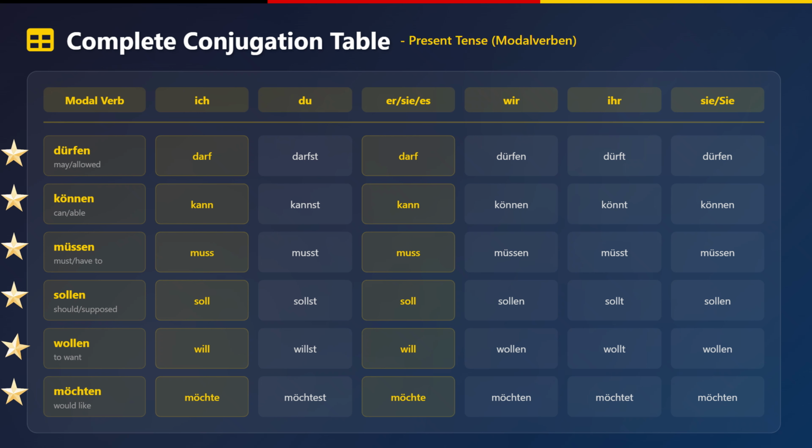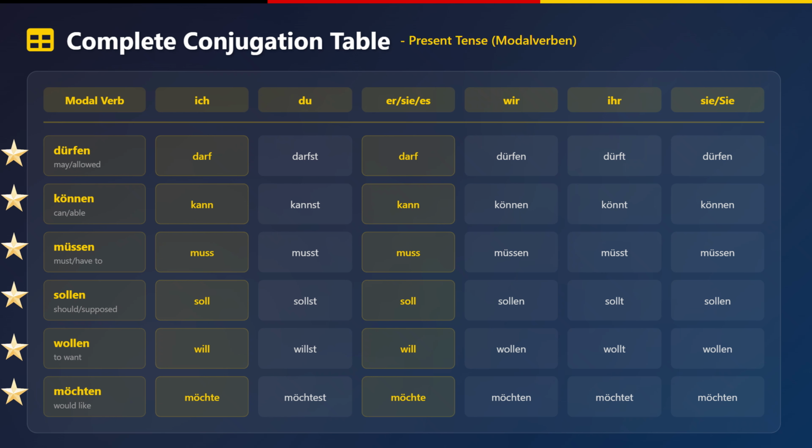For wollen, ich will, du willst, er/sie will, wir wollen, ihr wollt, sie wollen. And finally, for möchten, ich möchte, du möchtest, er/sie möchte, wir möchten, ihr möchtet, sie möchten.